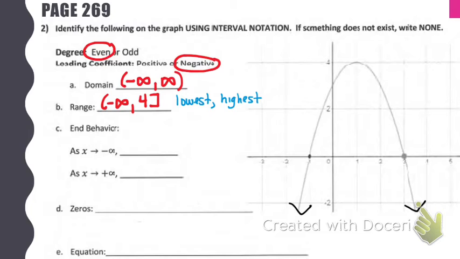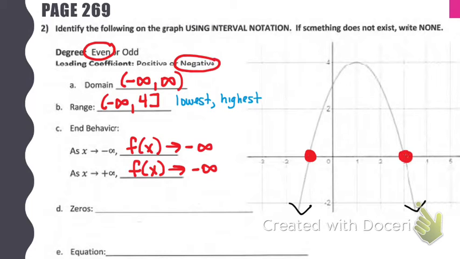Both sides are going down, so your end behavior for the left and right would be f of x approaches negative infinity. We have 2 zeros, one at -1 and another one at +3.